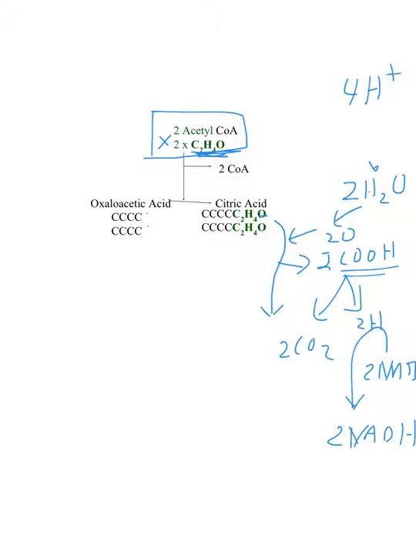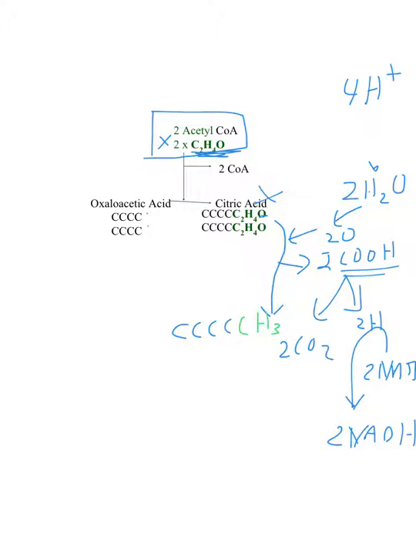Since our citric acid is missing the equivalent of a CO2, it's no longer citric acid. We still have our original 4-carbon compound from oxaloacetic acid, but we also have one of our original carbons from the acetyl group, 3 hydrogens, and then of course no more oxygens.